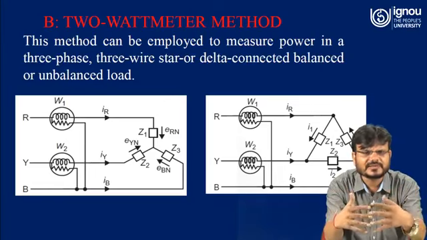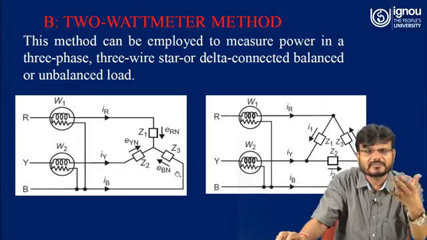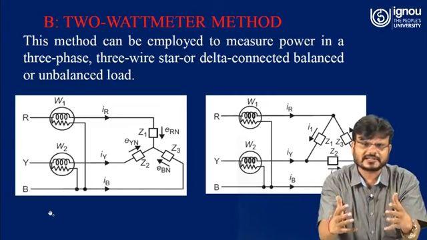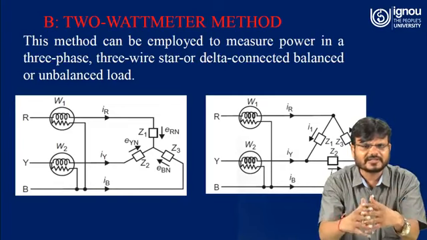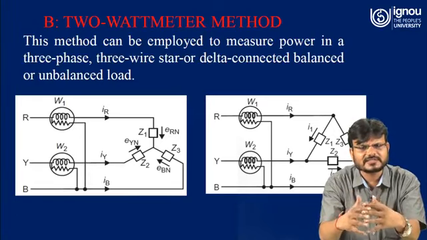So VYB is equal to EYN minus EBN. The power measured by wattmeter W2 is the current IY multiplied by VYB, that is EYN minus EBN.